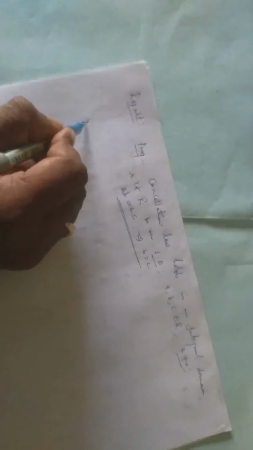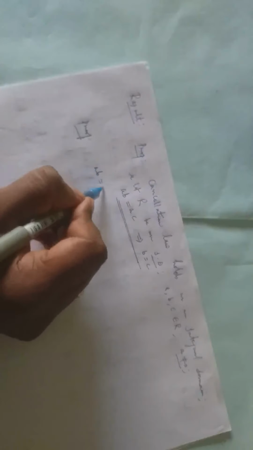The proof is simple. AB equals AC, both have the same quantity. This will imply AB minus AC is 0. This will imply A times (B minus C) equals 0 by the distributive law.